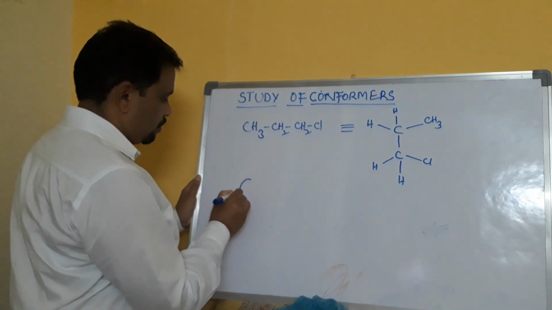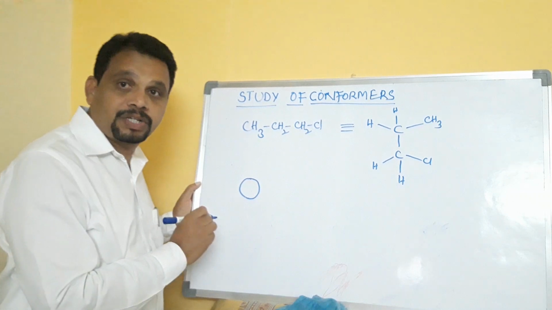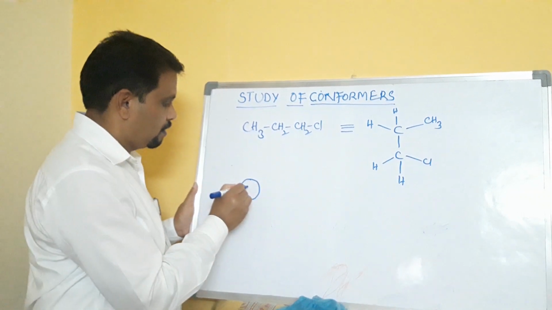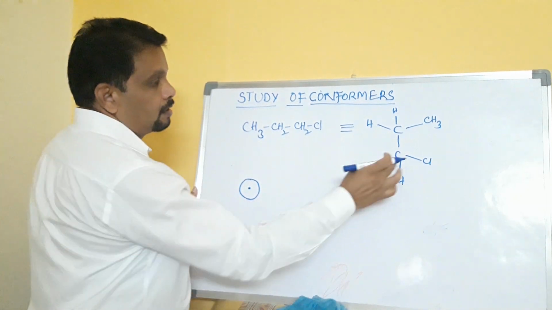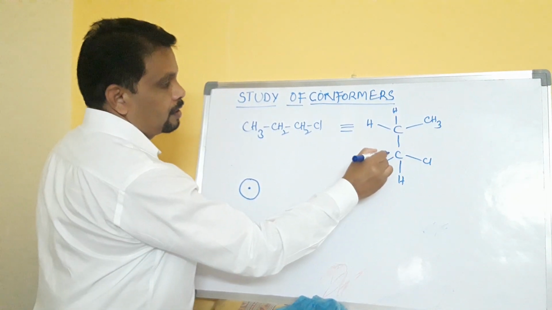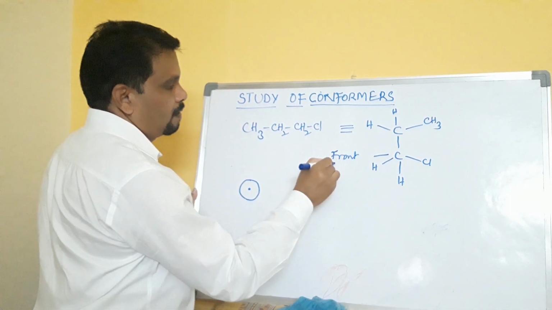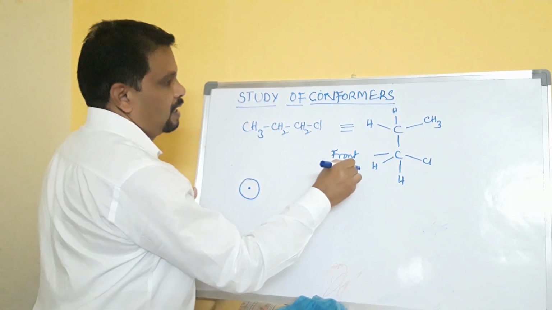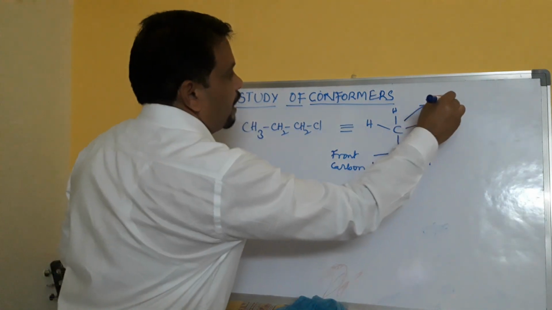As you already know, we can represent them in Newman projection formula. The dot indicates the front carbon, and this is the rear or back carbon.